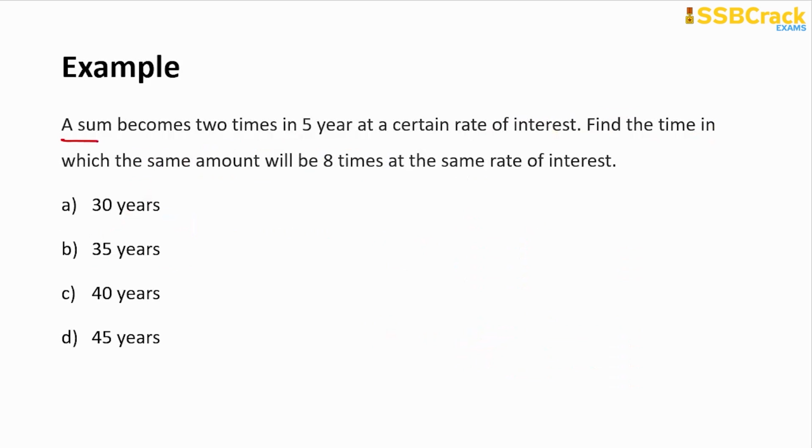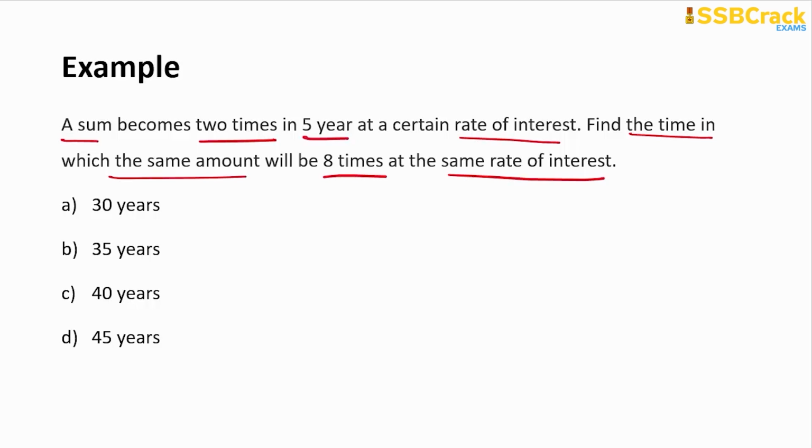A sum becomes 2 times in 5 years at a certain rate of interest. Find the time in which the same amount will be 8 times at the same rate of interest. See, here they mention in the question that the rates of interest are the same. So what differs? The time periods. One time period is known to you, the other is asked.